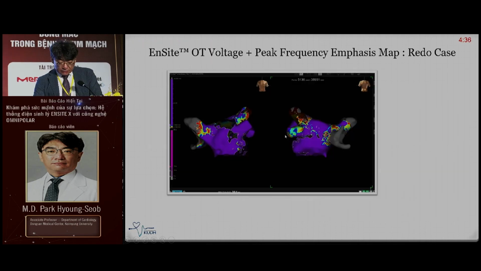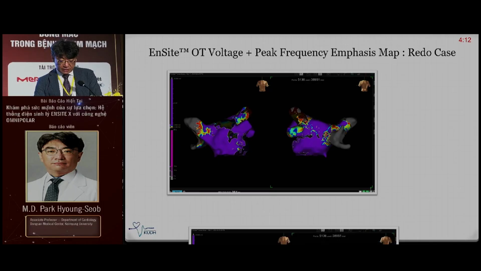This is a redo case after PBI isolation. As you know, there were some far field electrograms when you map the whole area of the left side of the heart. Although there is a little high voltage there, it could be far field electrogram from the other areas.